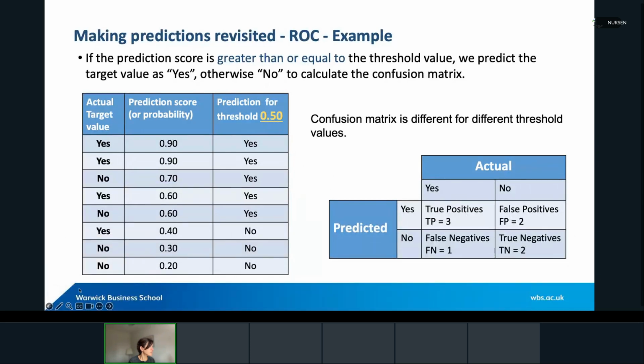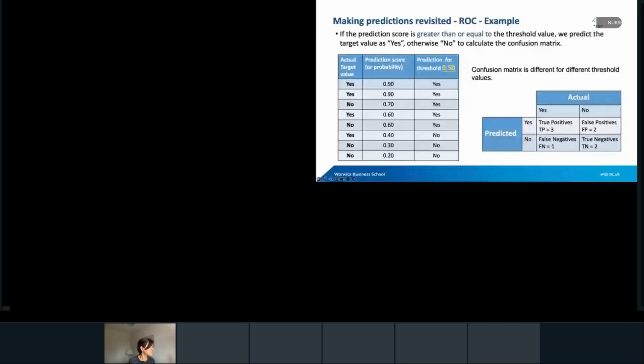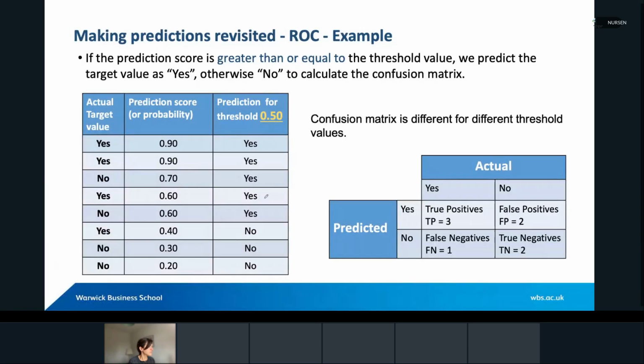This is 0.5. Since these are all ordered, these are the prediction probabilities. 0.6 is greater than 0.5, our prediction is yes. This is greater, our prediction is yes, and so on and so forth. And anything under the line is predicted as a no.